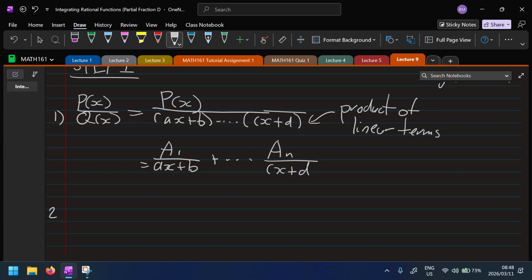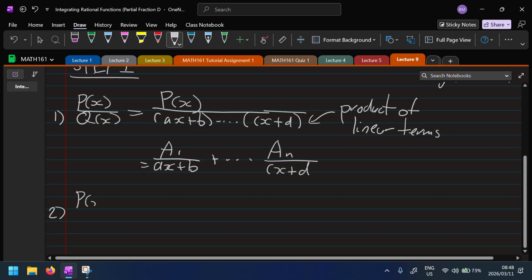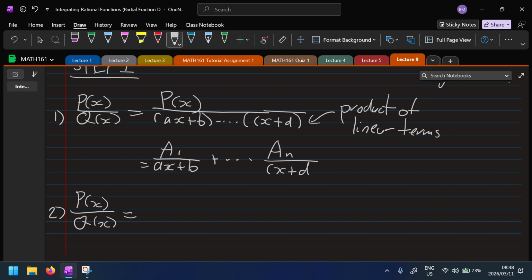Case 2 is if we have P of X over Q of X. In this case, we still have a product of linear terms, but some of them are repeated. They're not all different. Some of them are copies.